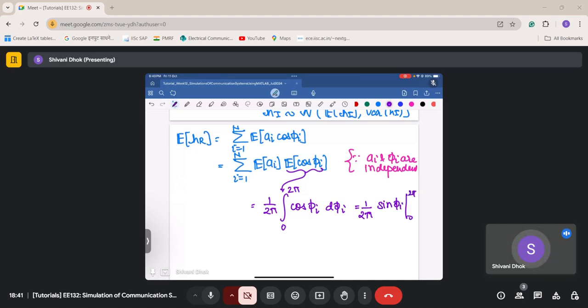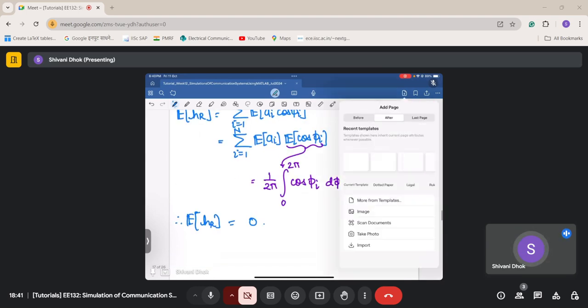So you're integrating sine over a period. And when you integrate any sinusoid over a period, or any integer multiple of period, it gives you 0. So therefore, expectation of HR comes out to be equal to 0.